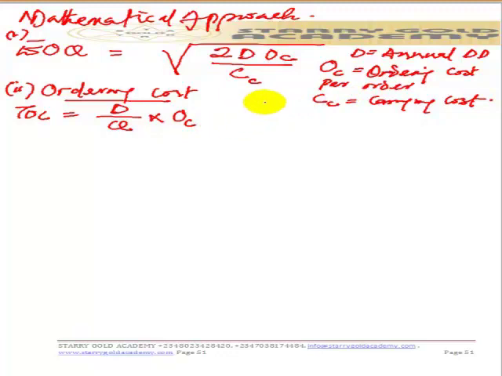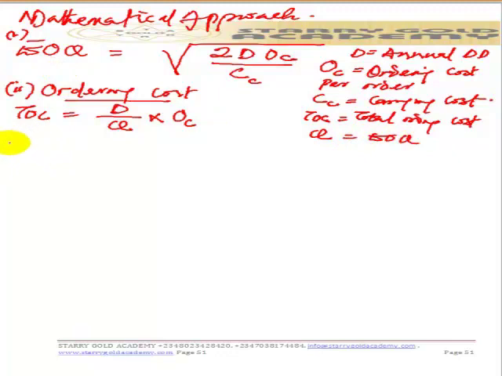Remember, we have defined OC already here. So the next one that is new is TOC, that is total ordering cost. OC already is the ordering cost per order. D is the annual demand. Q in this case will now be our EOQ.